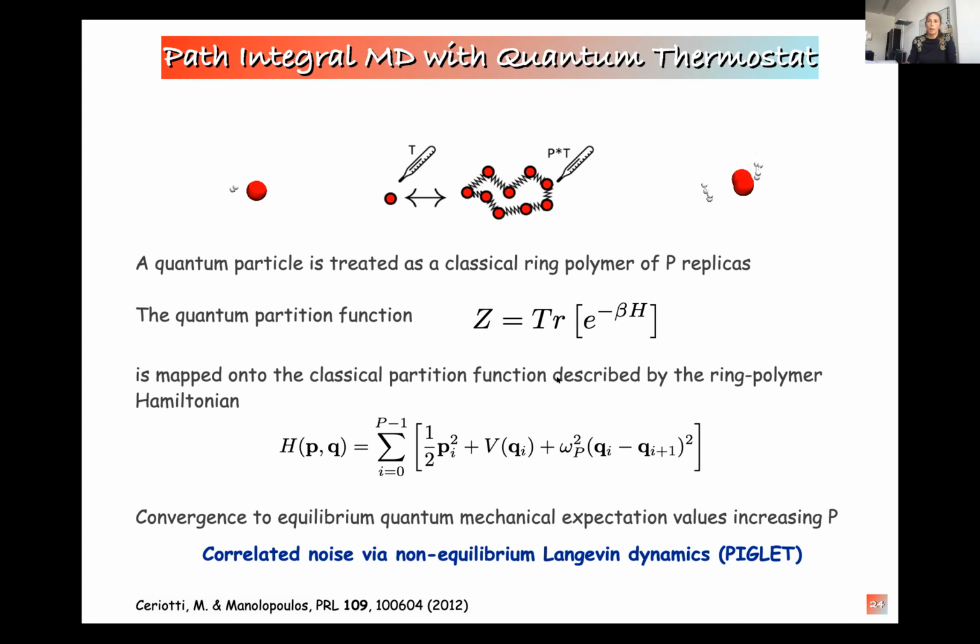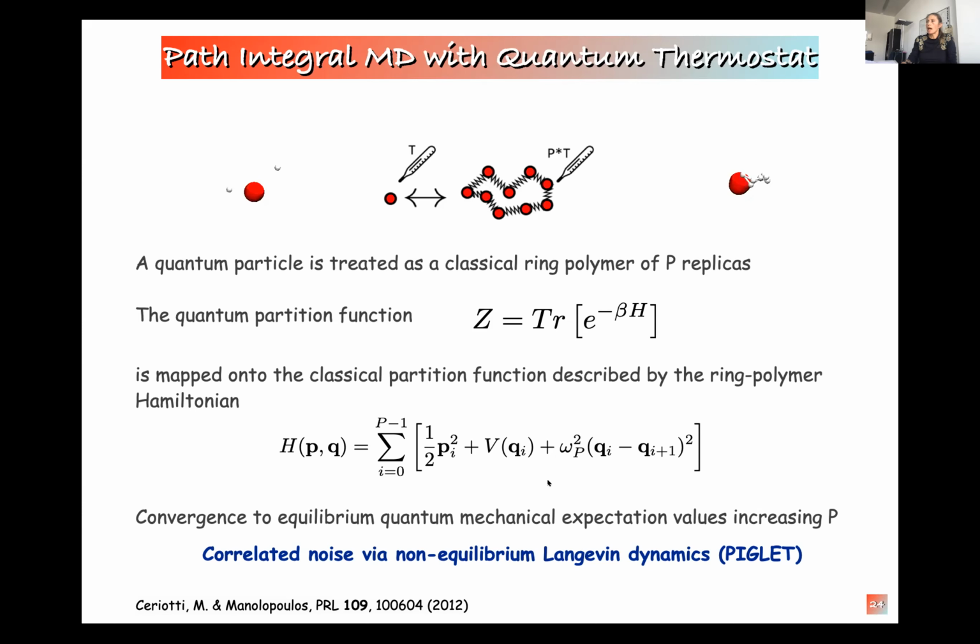In order to speed up the path integral quantum dynamics, which would require quite a number of beads in the ring polymer that represents each particle, we have used the correlated noise method, based on a non-equilibrium Langevin dynamics, introduced by Michele Ceriotti some time ago.